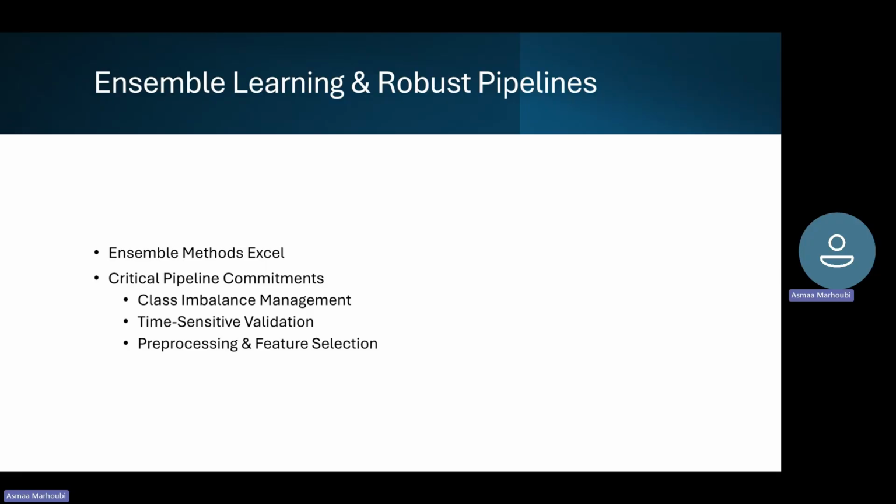Preprocessing and feature selection are essential for standardizing the data, reducing noise, and selecting meaningful features to ensure model generalization and interpretability.